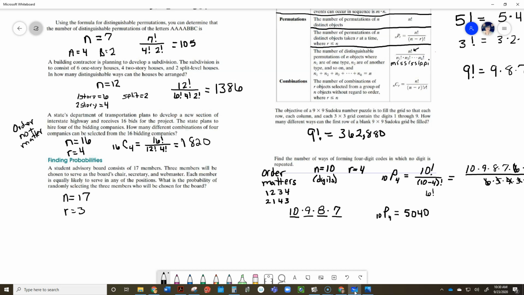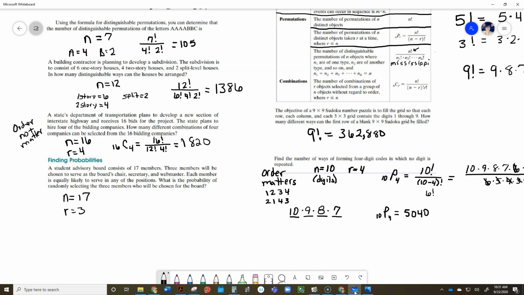Because if I say Abigail's going to be the board's chair, Jeffrey is going to be the secretary, and Jesus is going to be the webmaster, that's a different arrangement than if I say Jesus is going to be the board's chair, Abigail's going to be the secretary, and, I don't remember, Jeffrey is going to be the webmaster.